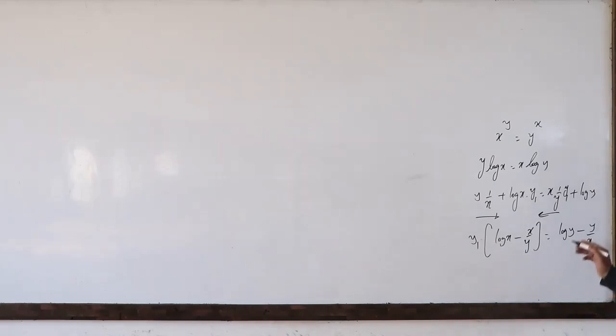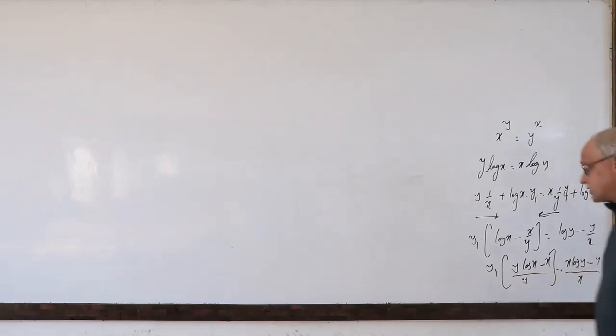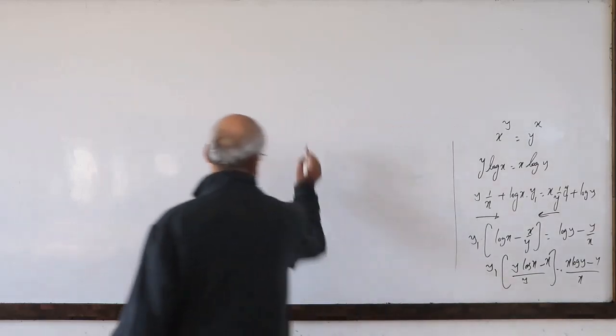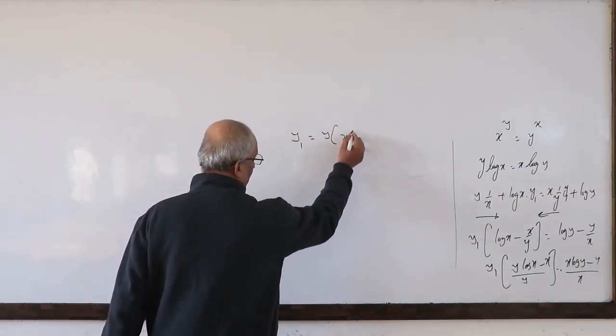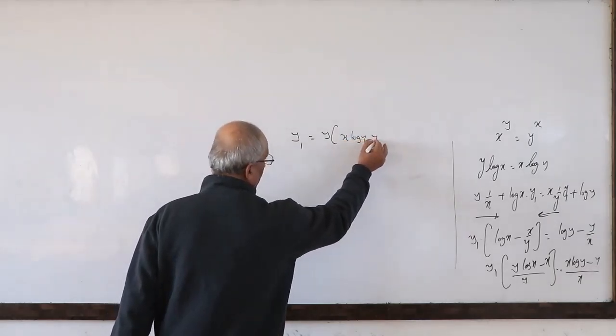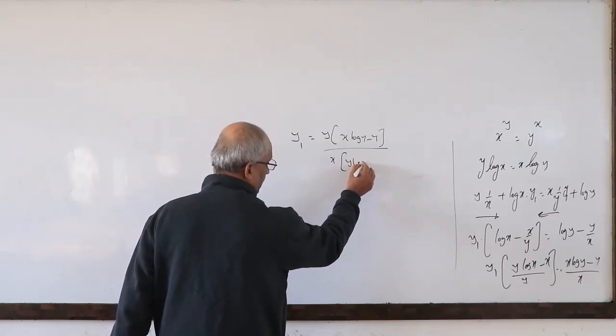So here, dy by dx into y log x minus... x log y minus y by x. What is the answer finally? dy by dx is equal to y into x log y minus y, by x into y log x minus x.